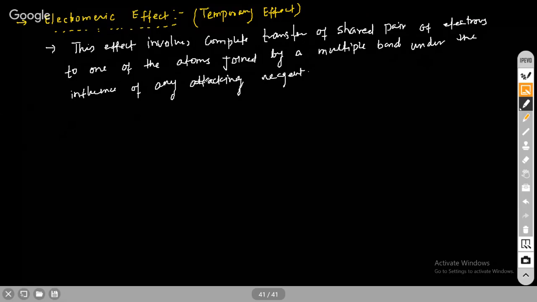Okay, so this kind of shifting or transfer of electron takes place under the influence of the attacking reagent. Okay, next line you write down: as soon as the attacking reagent is removed, the original condition is restored.